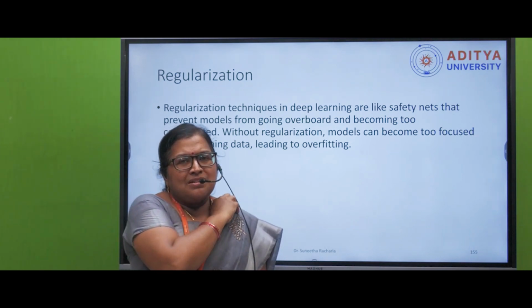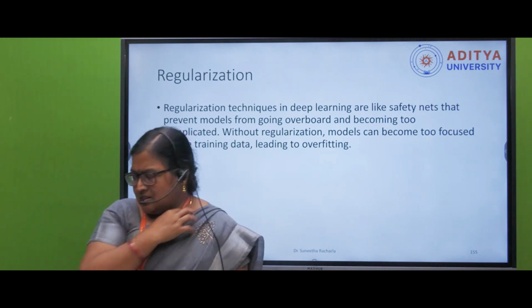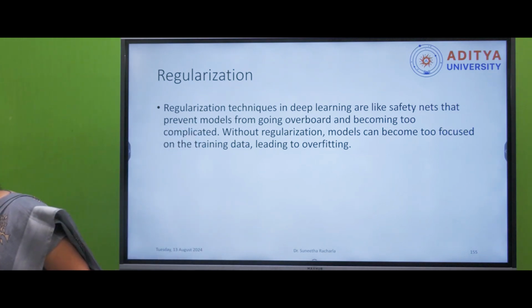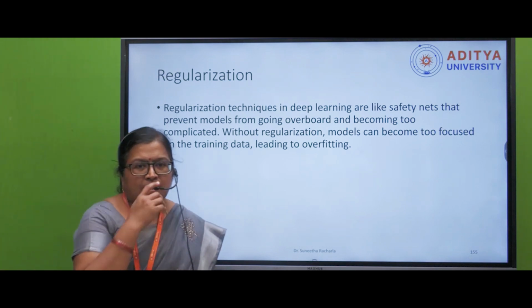I hope you understand the activation functions and loss functions. The next concept is regularization.